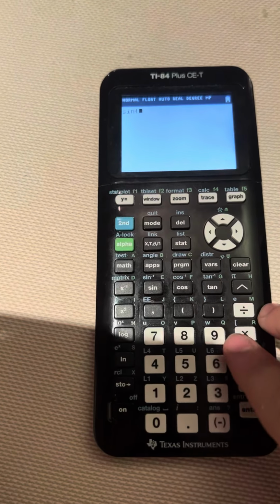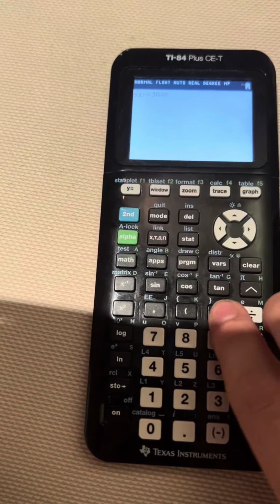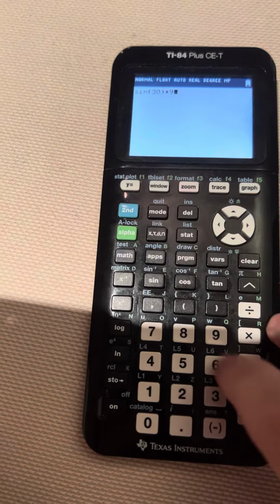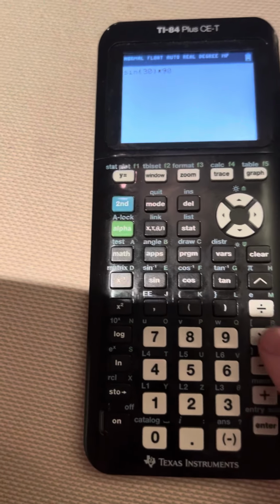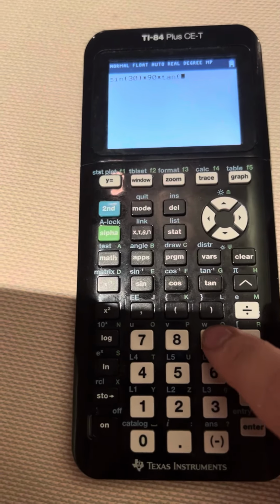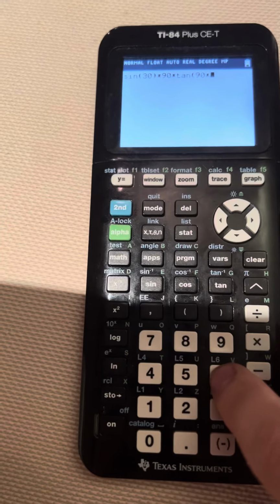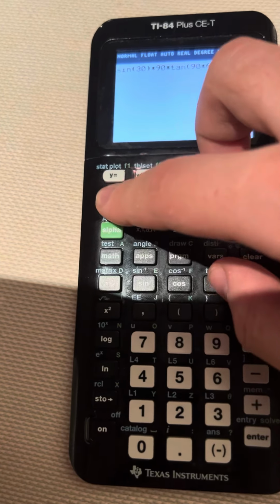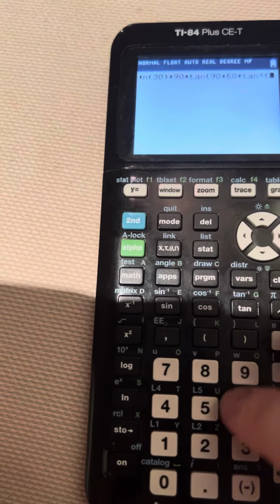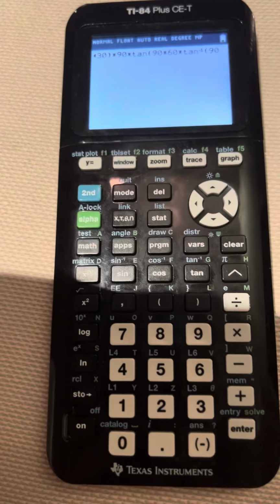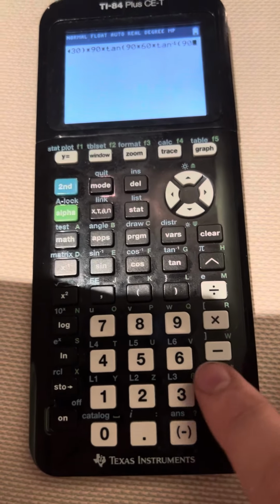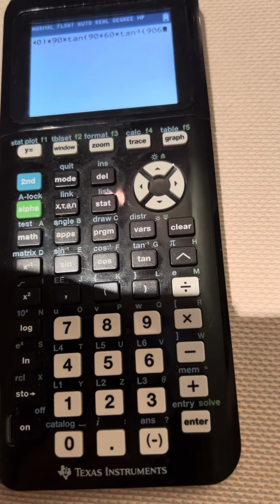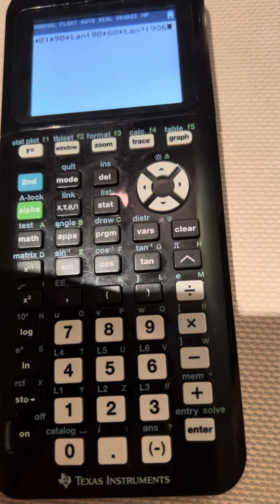for instance, let's say sin 30 parentheses close times 90 times tangent 90 times 60 times, let's say, inverse tangent 90, but for instance they misclick and type tangent inverse 906.